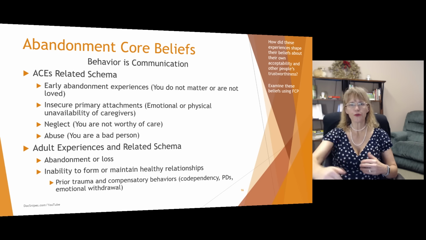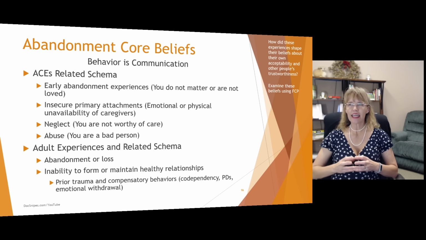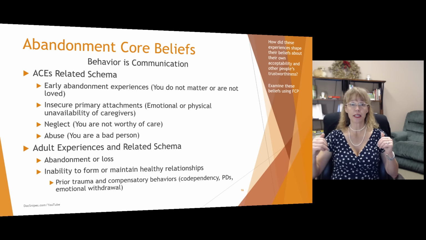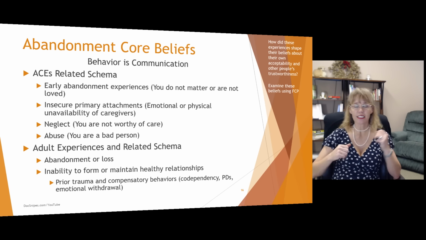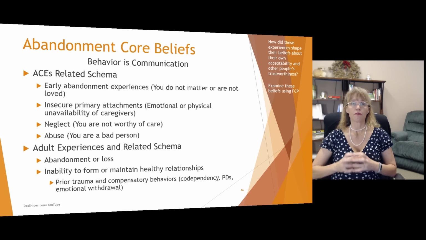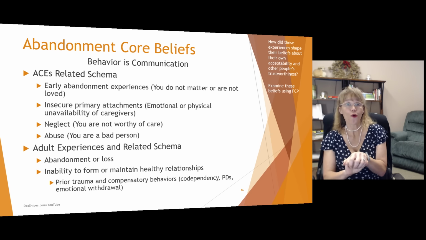Encouraging people to go through each one of these things and identify how these experiences shape their belief about their own acceptability and other people's trustworthiness, and examine each one of the beliefs one by one using the facts, control, and probability method. So what are the facts about your early abandonment experience? What parts of that were within your control?